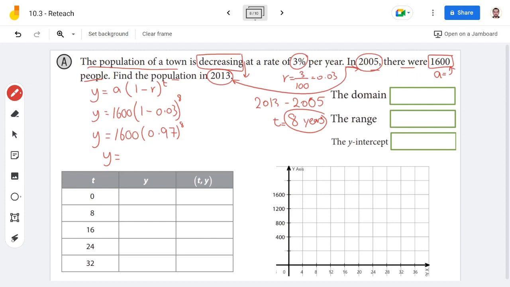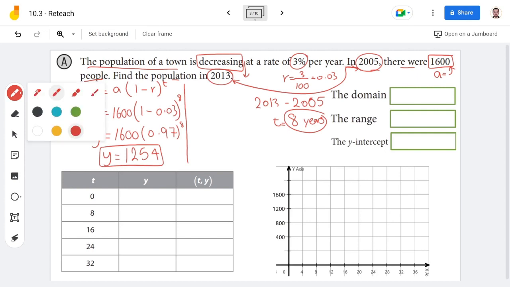So let's say 1,254, just a close value. So now we know that the population is decreasing, and it has decreased to 1,254.